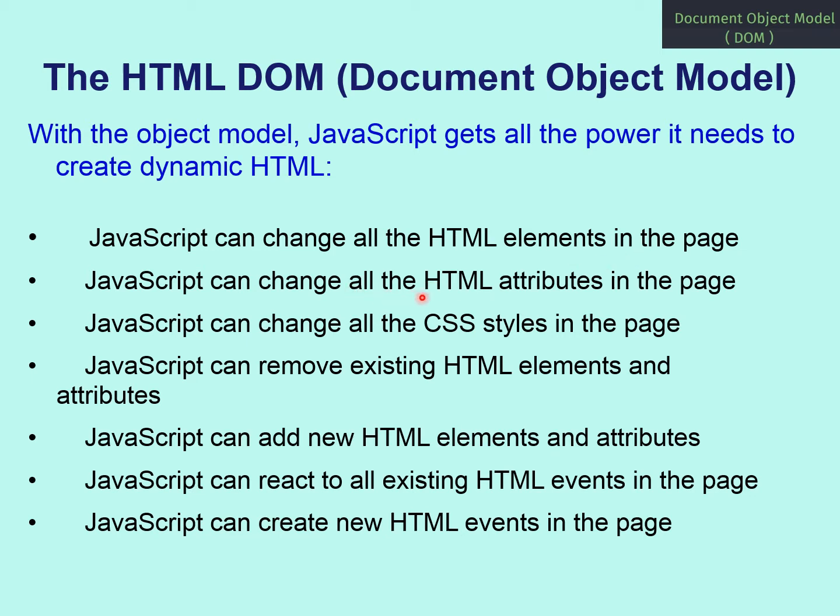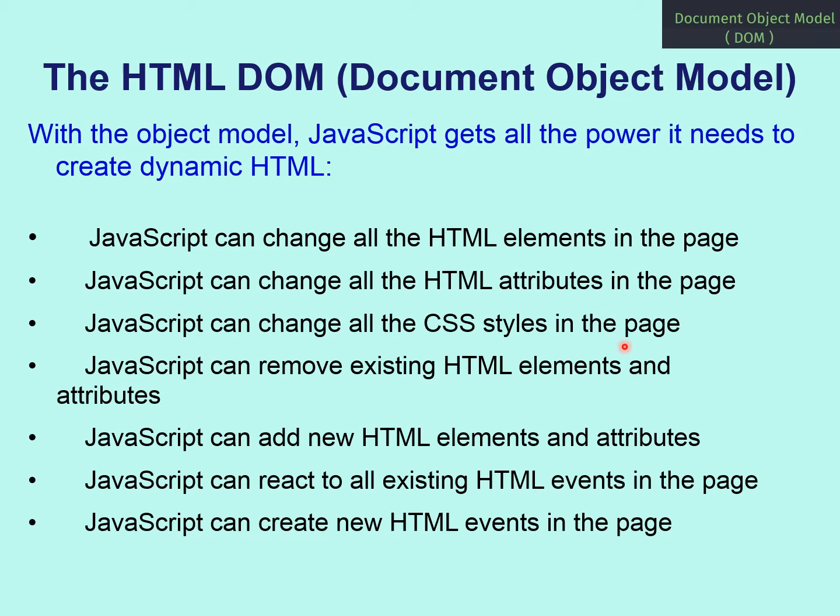JavaScript can change all the HTML attributes in the page. JavaScript is responsible for making changes in the attributes of the corresponding HTML components. JavaScript can change all the CSS styles in the page.